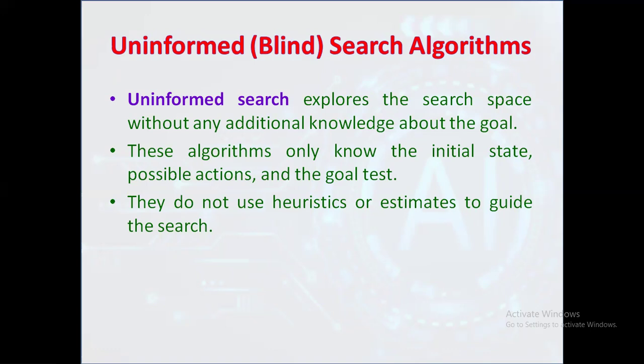Uninformed search methods explore the search space systematically, but they can be less efficient compared to informed search algorithms. Examples of uninformed search we'll discuss in depth. Uninformed search algorithms include breadth first search, which we call BFS, depth first search, DFS, and uniform cost search. So many algorithms are there, each with its own characteristics and use cases.